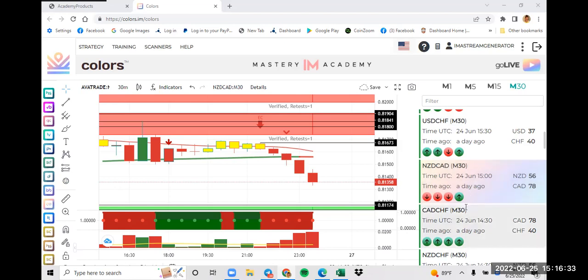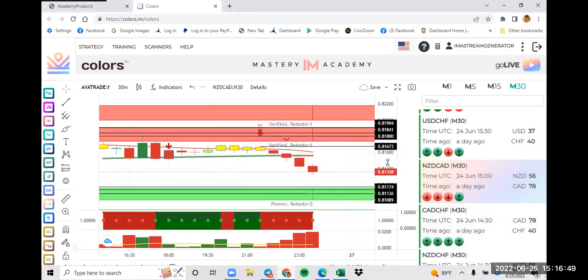With NZD CAD, we're starting at the 30-minute, and we're looking for our Trinity, right? Do we have a Trinity? Yes. And what color would you say our Trinity is? Red.